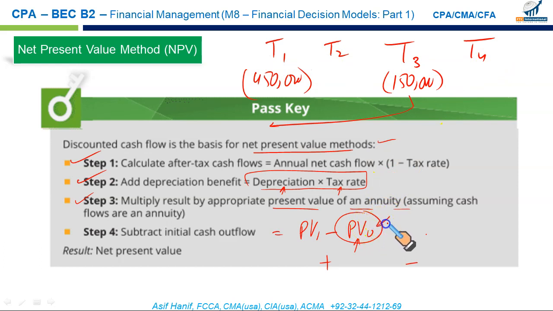That is more appropriate. But mostly the projects you will come across on your exam or in the questions will have a single cash outflow at the start, and all the subsequent years will show a positive net cash flow. But if there is any outflow in any year, then you need to keep your outflow separate, inflow separate, and then you compare your present value of inflows versus the present value of outflows, and then you go for the final kill.